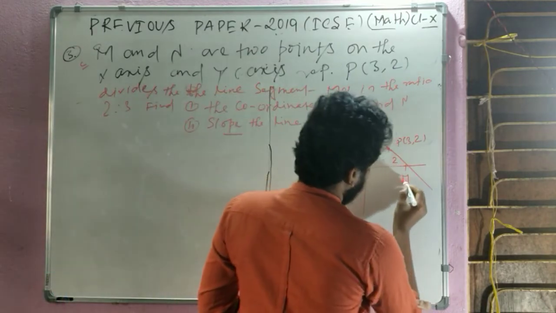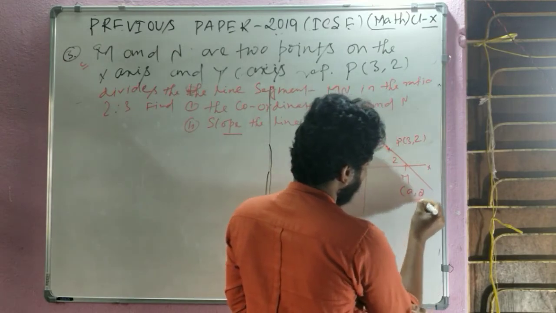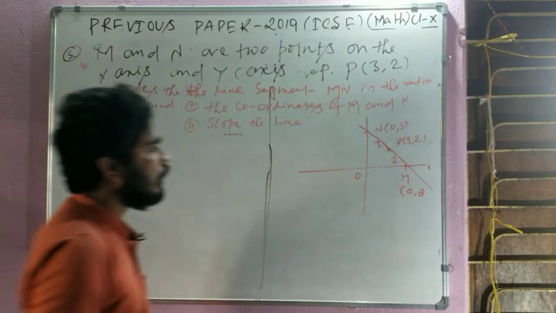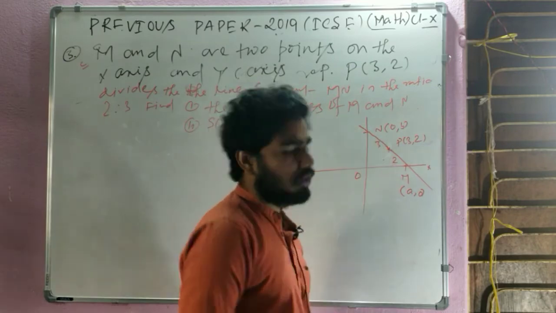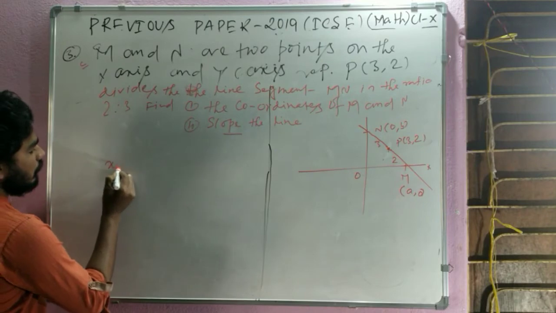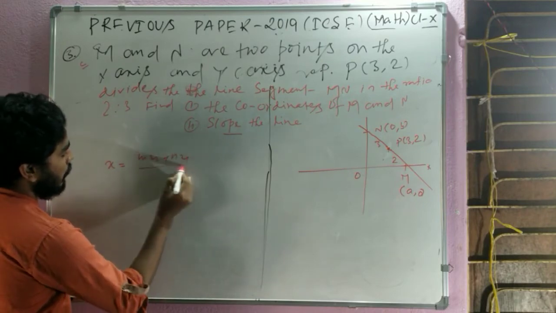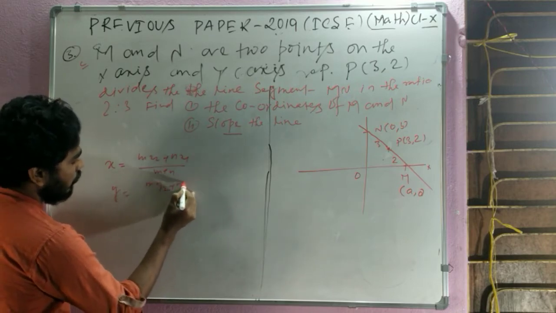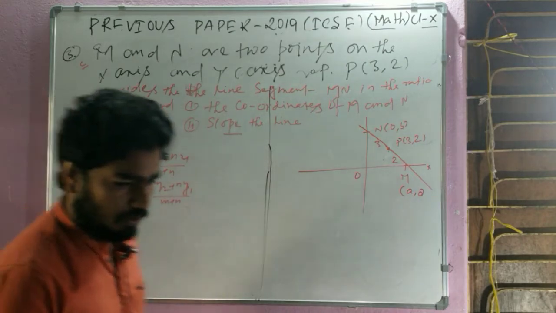So a point lies on the x-axis, so its coordinate is A, 0, and the other is 0, B, because on the x-axis y equals 0 and on the y-axis x equals 0. We know the formula x equals mx2 plus nx1 by m plus n, and y equals my2 plus ny1 by m plus n.